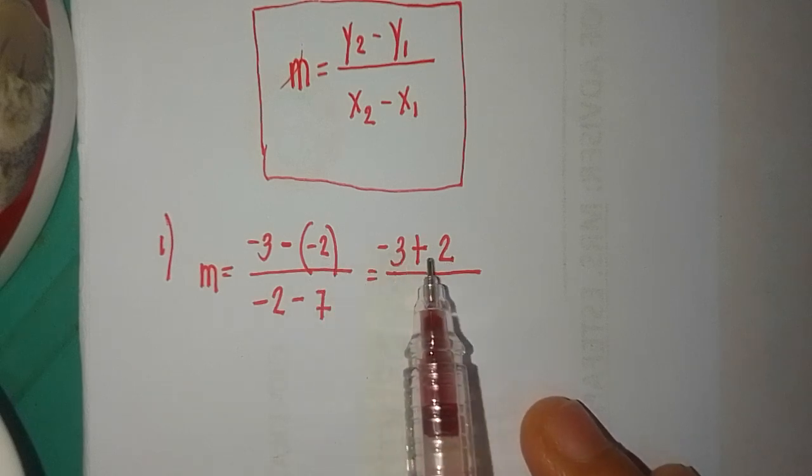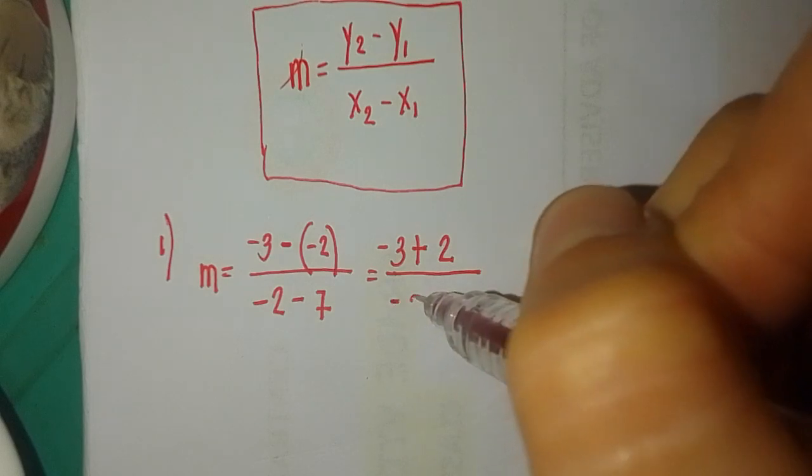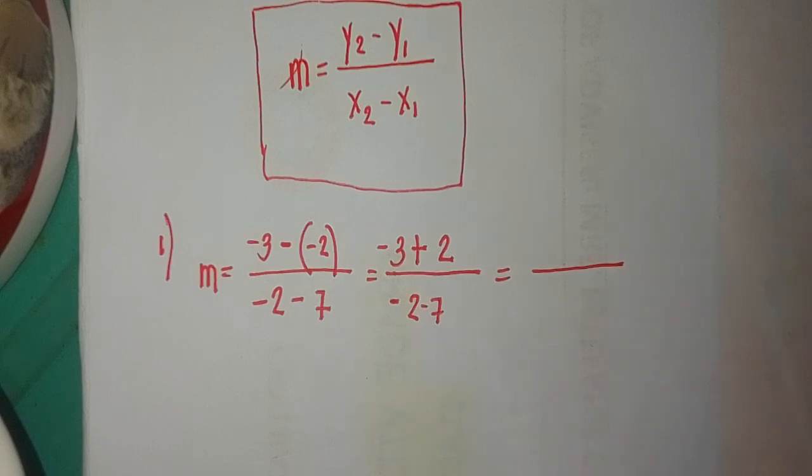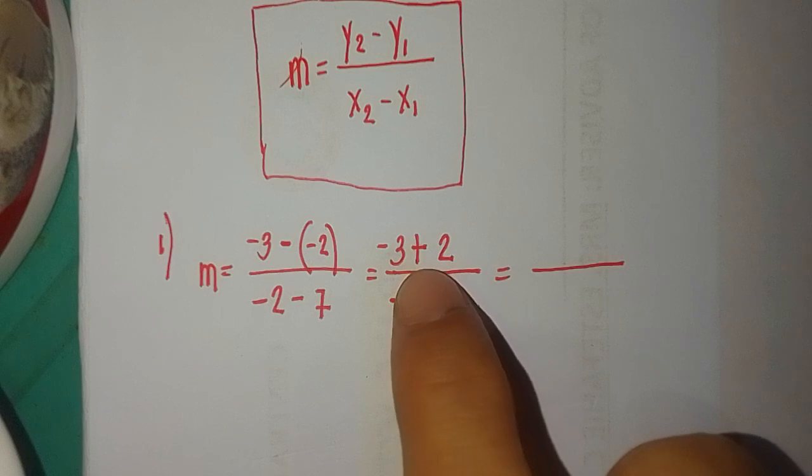So, negative 3 plus 2 over negative 2 minus 7. Combine the terms, as I said earlier. In combining the terms, there are two cases expected to happen. It's either we add the terms or subtract, depending on their signs. So, looking at the numerator class, our two terms are having different signs because 3 is negative, 2 is positive.